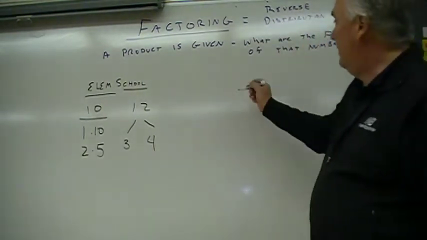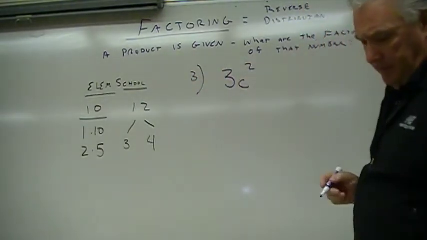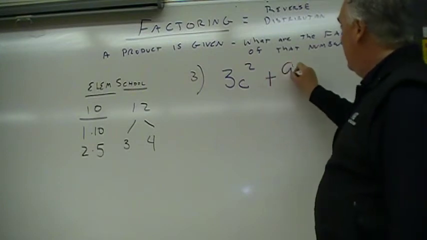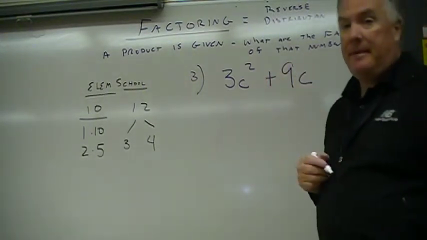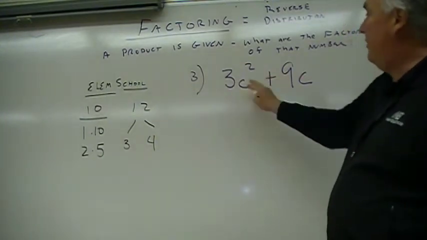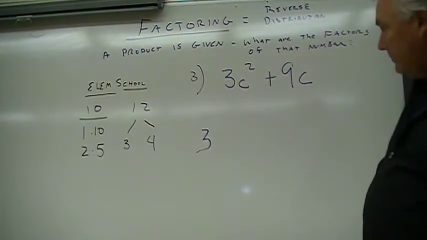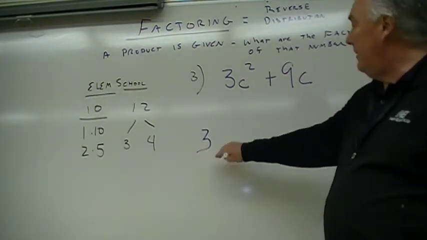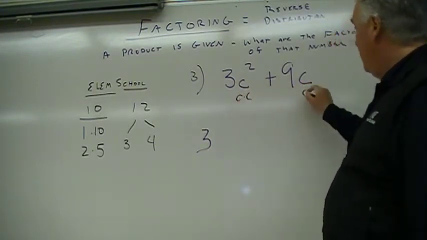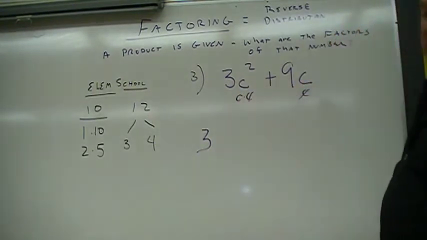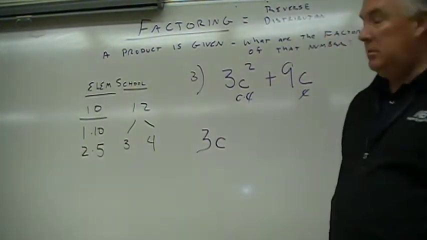Okay, now we're going to get into one a little bit more difficult. 3c squared plus 9c. Okay, we've got to factor that. What times what gives us that? Okay, what goes into both 3 and 9? Well, 3 does. So take that out and write it over here. What goes into c squared and c? Well, we have 2 of them and 1 of them, so there's 1 c in both. So we take that c out.